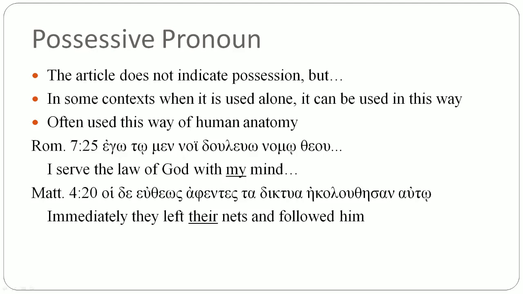One strange quirk of Koine Greek is that it oftentimes uses the article when it's referring to human anatomy, body or mind or soul or any kind of thing like that. This first example is a good example of that.